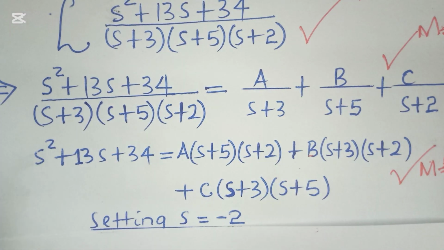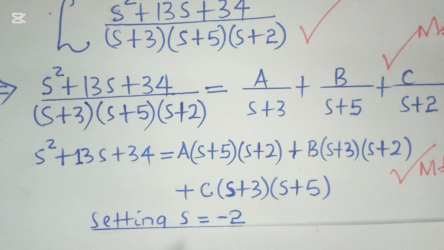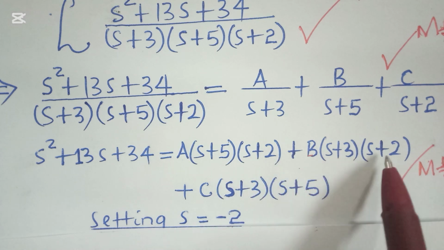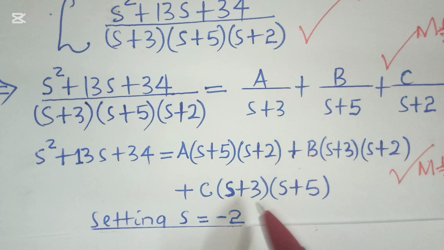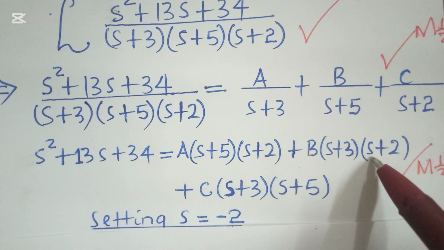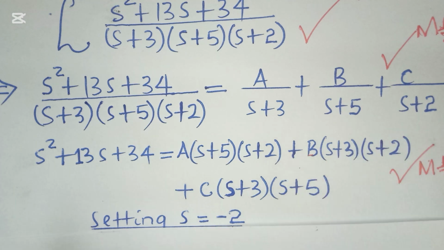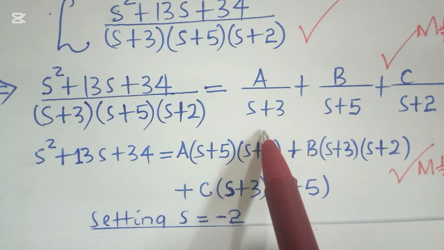After that, guys, we want to find the values of A, B, and C. And the best method, because as you can see in our equation here, we are able to eliminate terms. For example, setting s equals to -2, we shall eliminate B because -2 plus 2 is 0. Coming to this one, -2 plus 2, we also eliminate that.